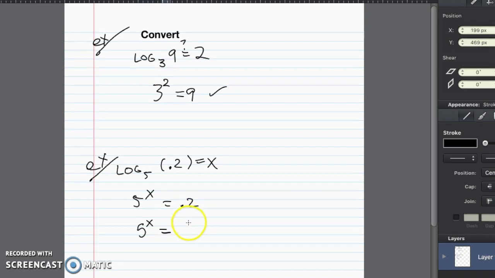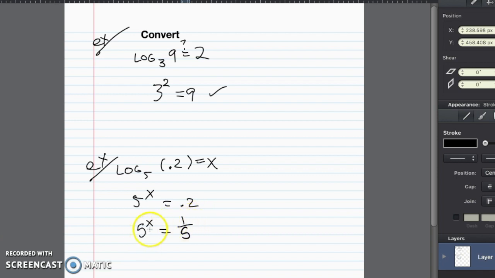This one I'm going to convert to a fraction, so it's 1 over 5. And if we don't know how to do that, we can plug it into our calculators, and it'll do it for us. Otherwise, go ahead and ask me later, but it's something that we should be able to do.